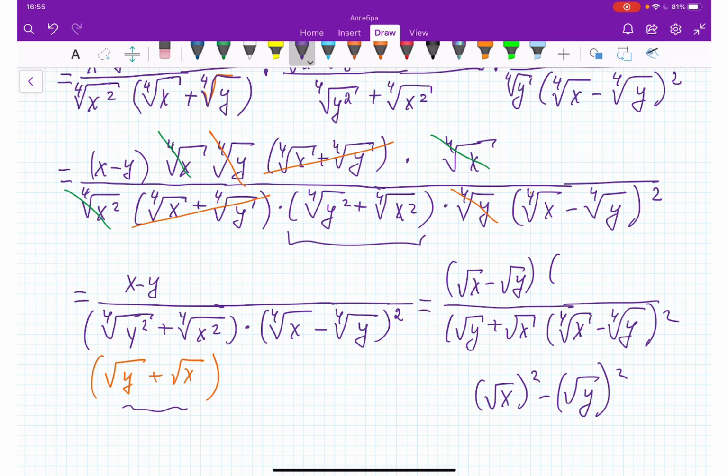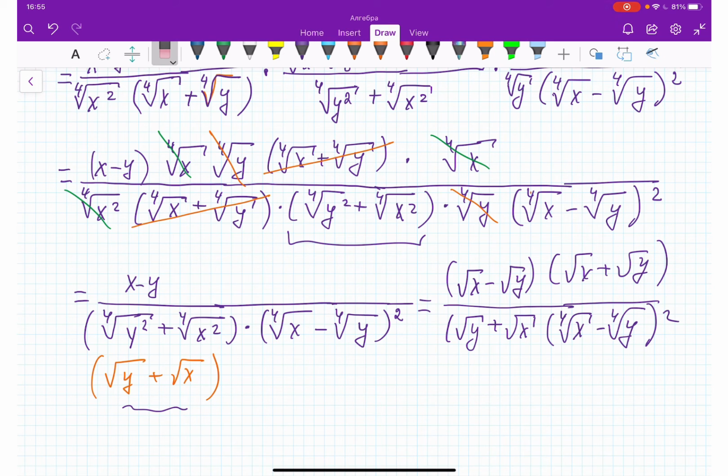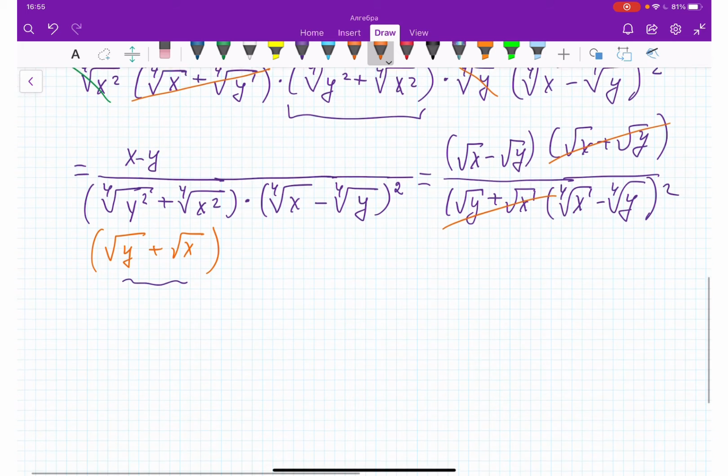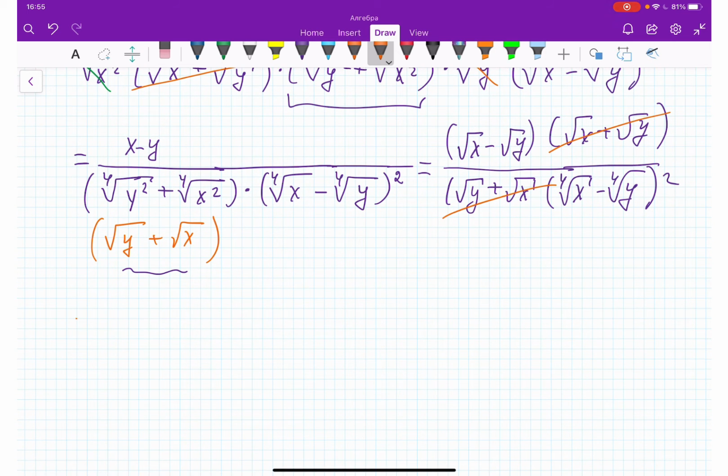That's the reason. And square root of x plus square root of y. All right. And as a result, what do we have? Canceling this with this, right? And we have square root of x minus square root of y. Let me write it down clean.